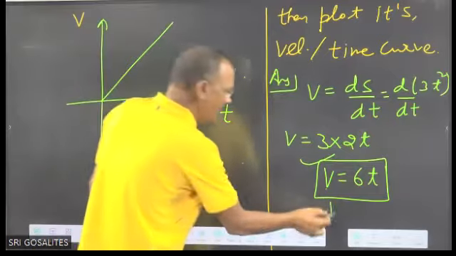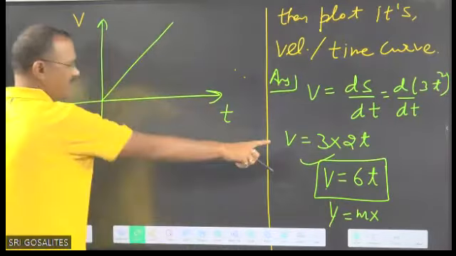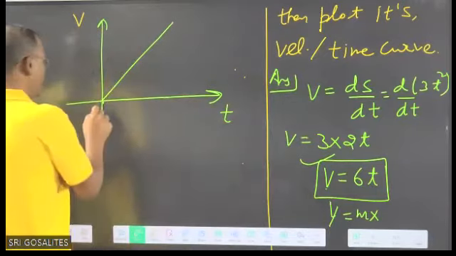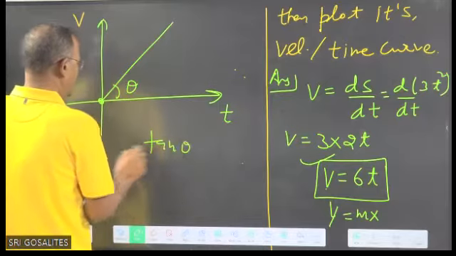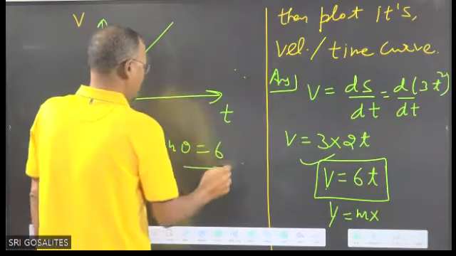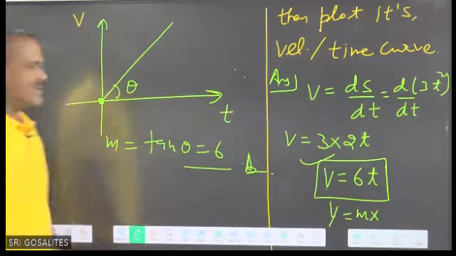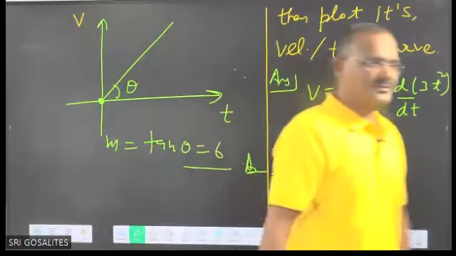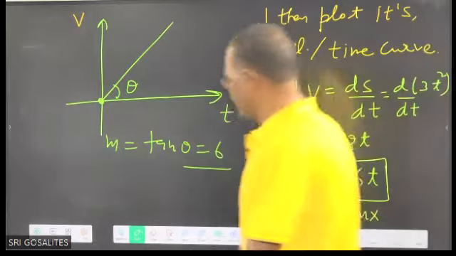It's something like y equal to mx. So when x is 0, y is 0. So time is 0, v is 0. This is theta. What is the tan theta, which we call the slope? Come on. This is 6. Any problem? Copy this. Okay, we'll take one more example, don't worry.